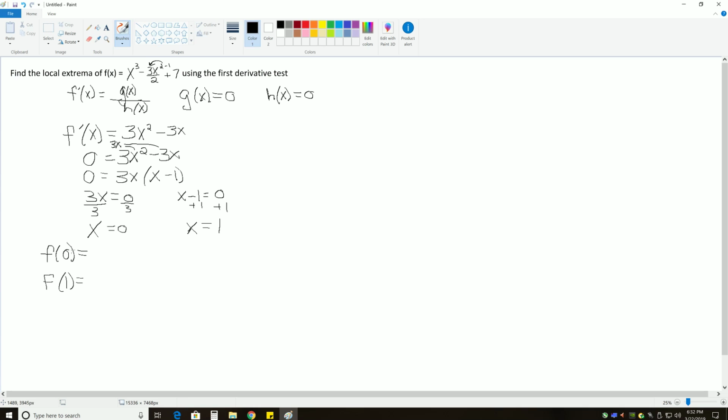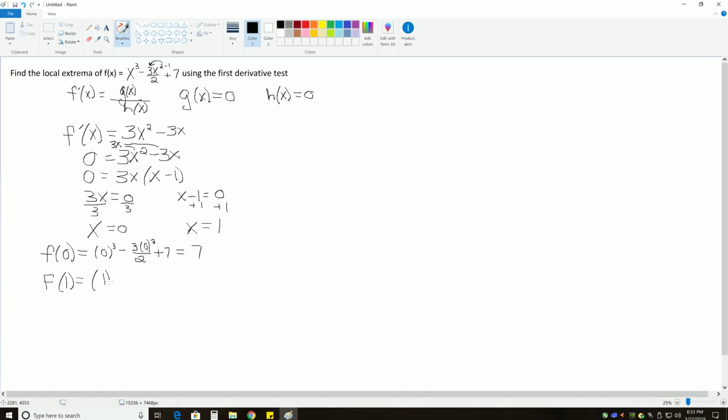So starting with f of 0, we get 0 cubed minus 3 times 0 squared over 2 plus 7. And our first two terms are just going to end up being 0, which will just leave us with 7. Remember, in our class, you can just immediately plug that into your calculator and just get your 7.